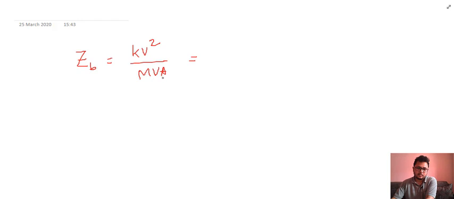This is the base power and this is the base voltage. Now Z can be written as V equal to Zi. That means if you already know the base voltage and base current, you can easily calculate. This is another formula.